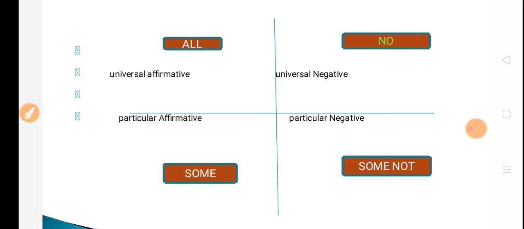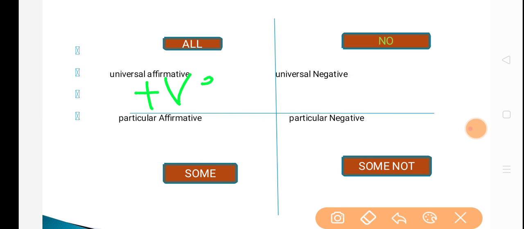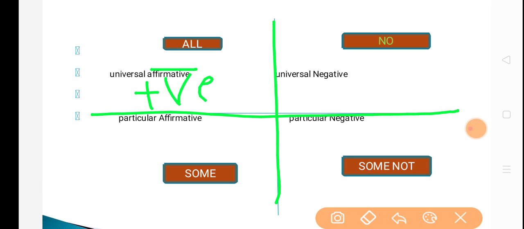Then instead of positive and negative, we are using the terms affirmative and negative. So here, above the line is universal and this side is positive, so universal affirmative.